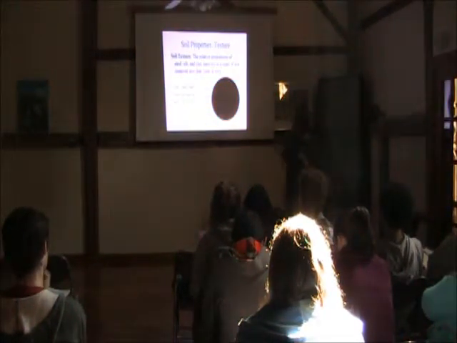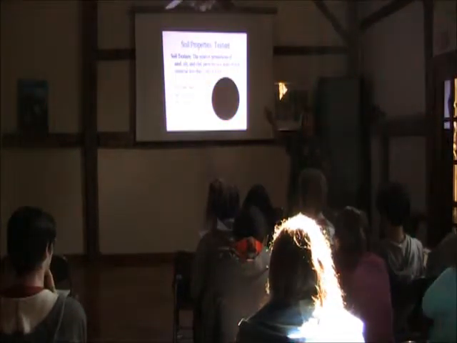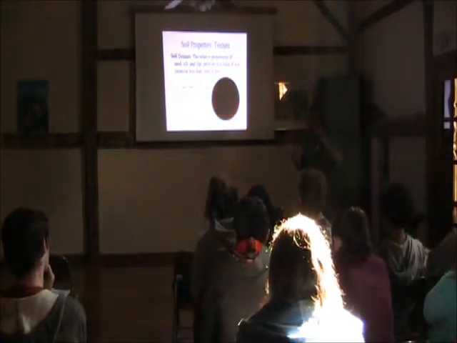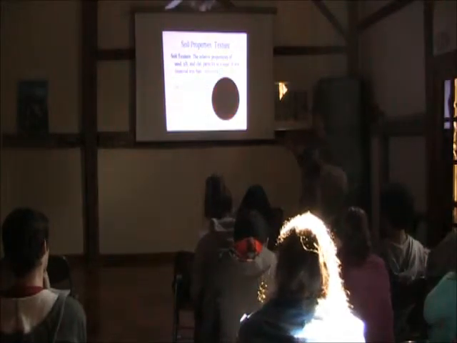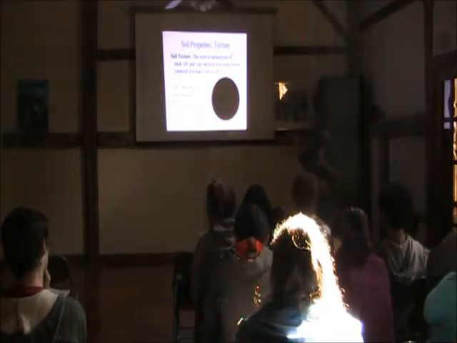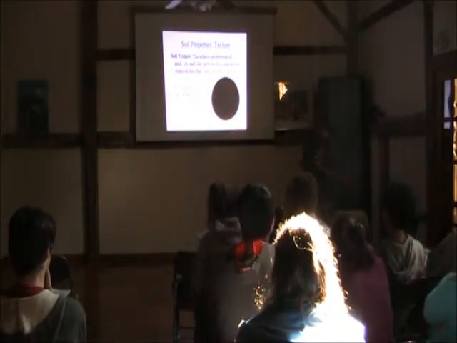Texture, we talked about the amount of sand, silt, and clay in the soil. It just shows you the relative features. Sand is very large size particles, 2 millimeters down to about 0.5 millimeters. So very gritty. You can feel sand. When you get silt, it's a little bit smaller in diameter, and the difference, again, of these is just the diameter.